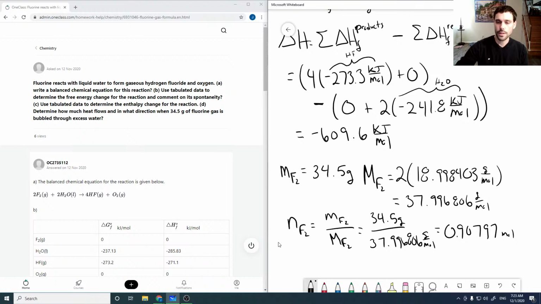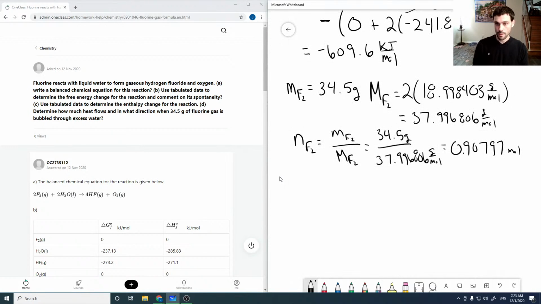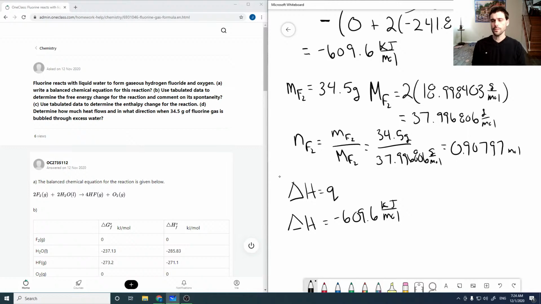And then we can use our delta H to compute our heat flow, as delta H is equal to our heat. But one thing we need to consider is what a delta H of minus 609.6 kilojoules per mole means in this case, or what we mean by a mole.